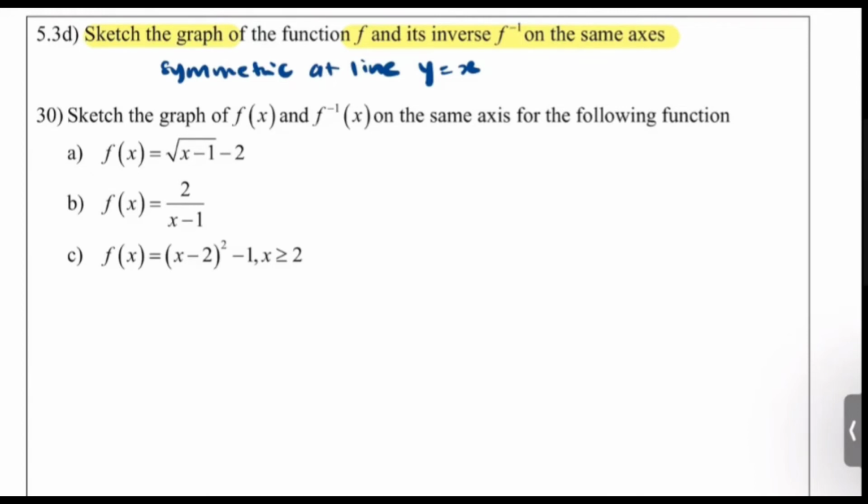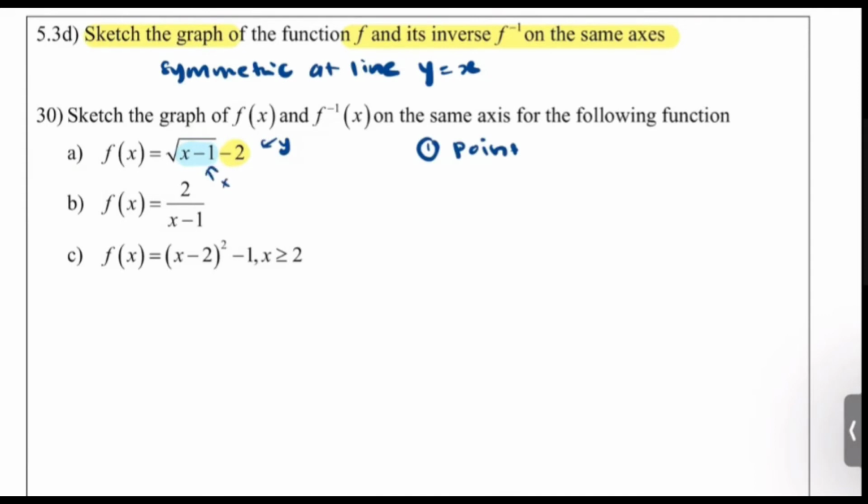Okay. So, how do we do it? We just draw the function first as usual. Okay. Draw the graph as usual. So, we look at this one. It is a square root graph. So, for the square root graph, we must remember, first, find the point. So, we see this is the y value. So, this one is y. And x minus 1 here is the x value.